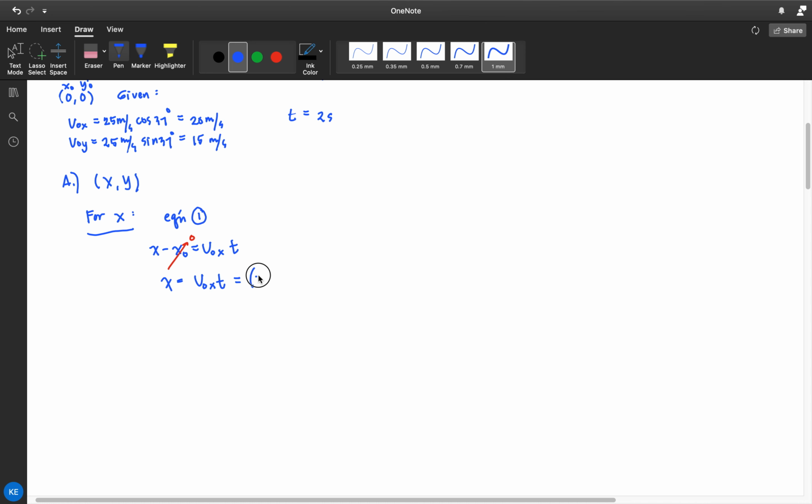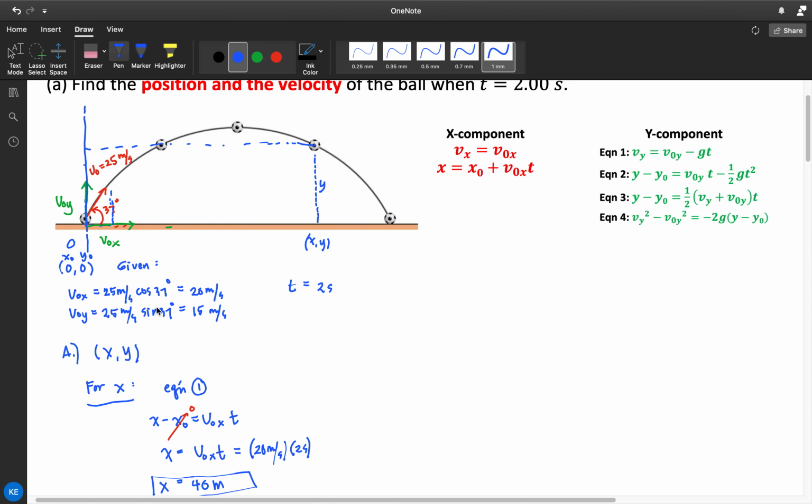That would be 20 meters per second times 2 seconds. Your range at that time is simply equal to 40 meters.